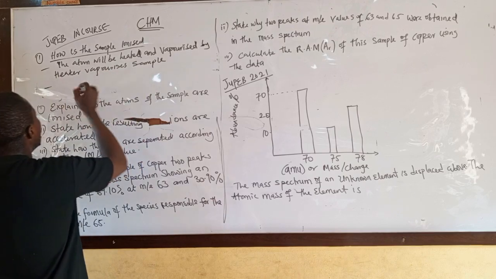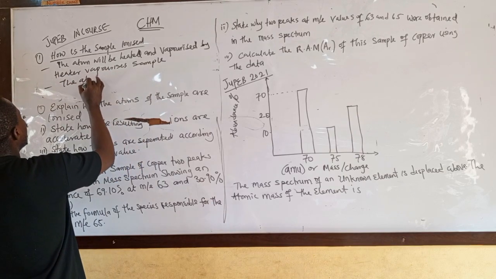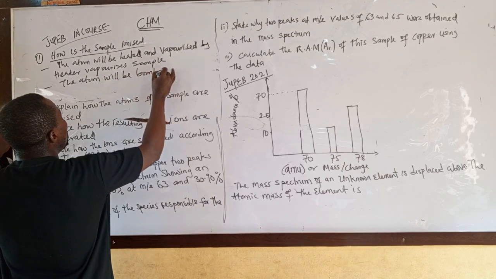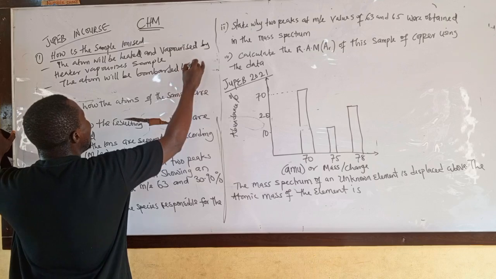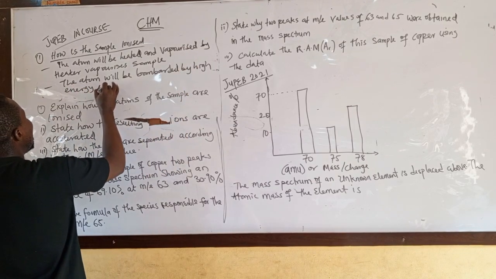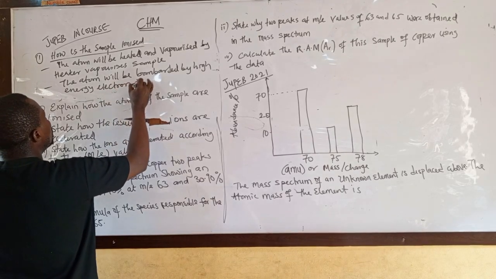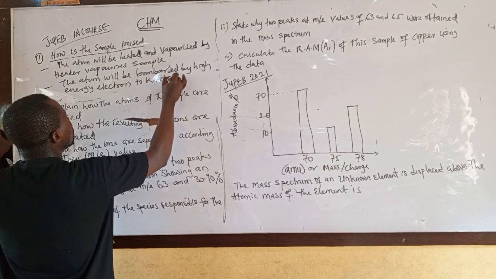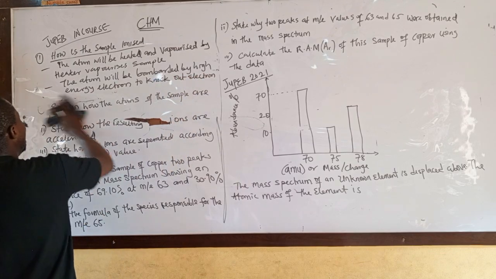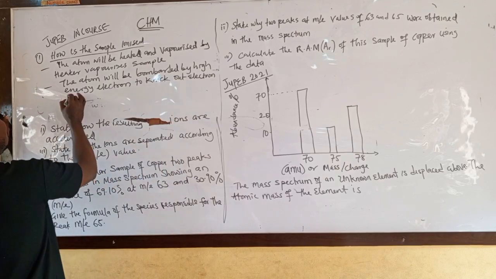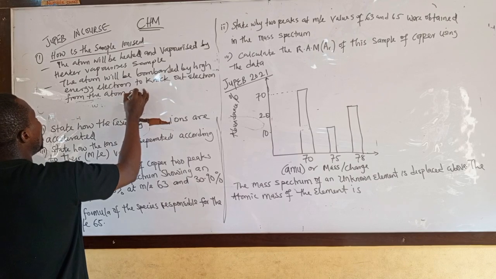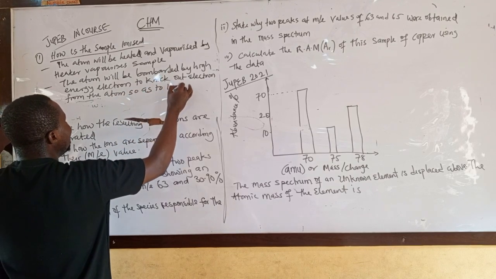Then the second one: the atoms will be bombarded by high energy electrons to knock out an electron from the atom so as to ionize it.